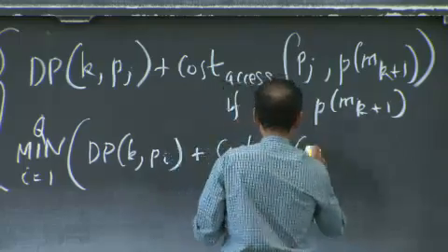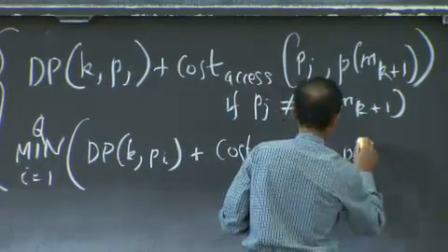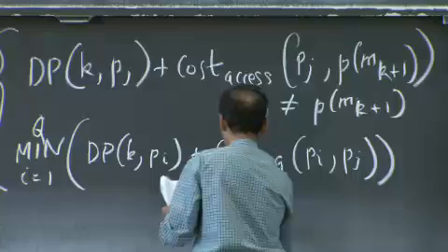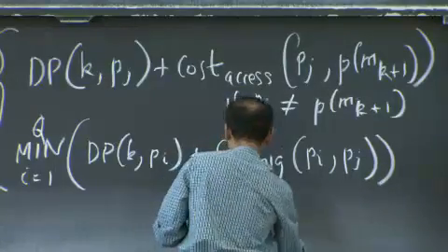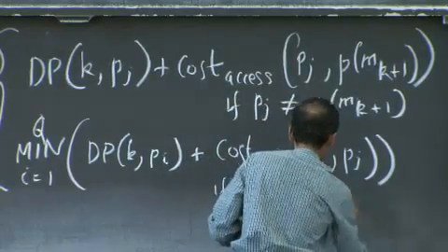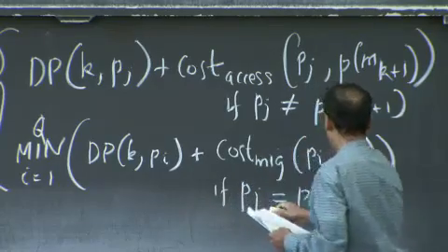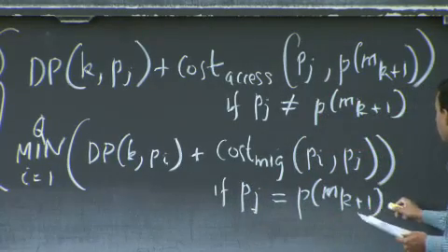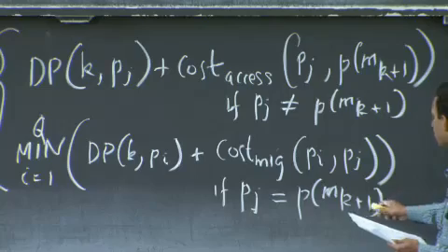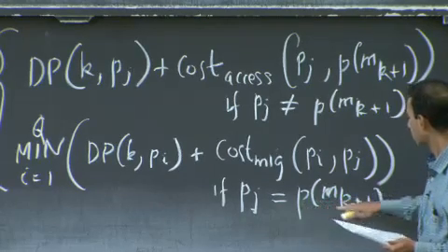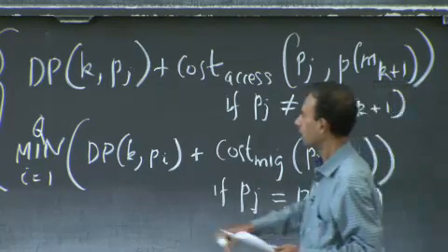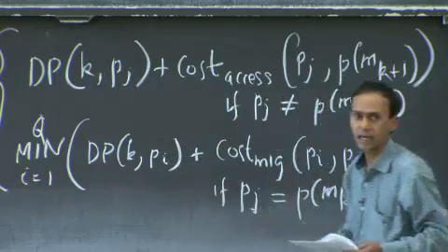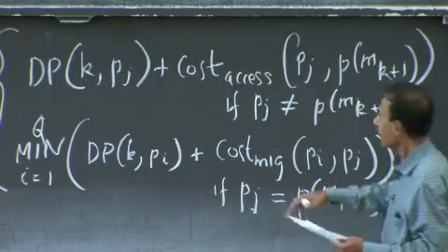You have cost of migration from Pi to Pj. And you do this if you want to go to P of M(k+1), the processor corresponding to P of M(k+1). So that's the setup for this dynamic program.